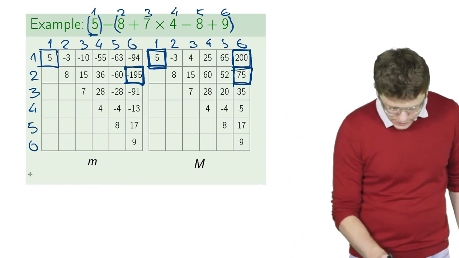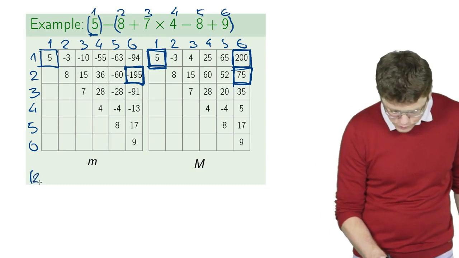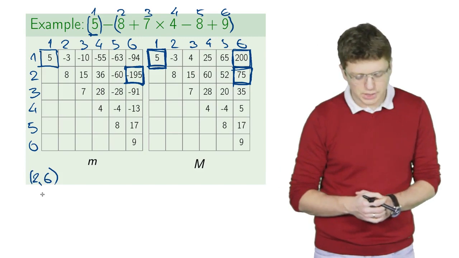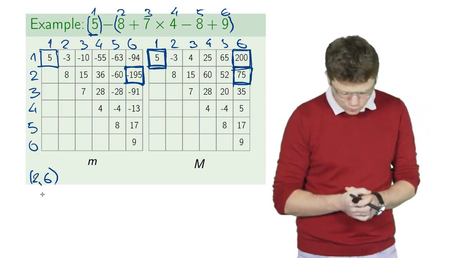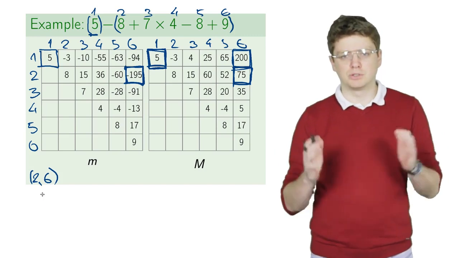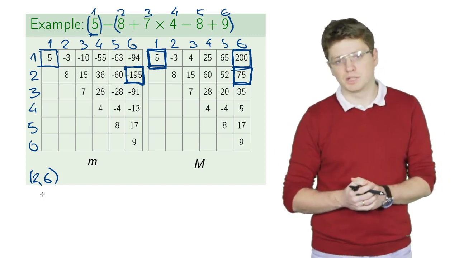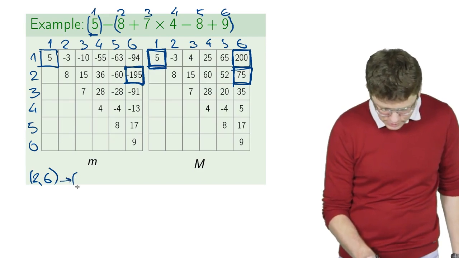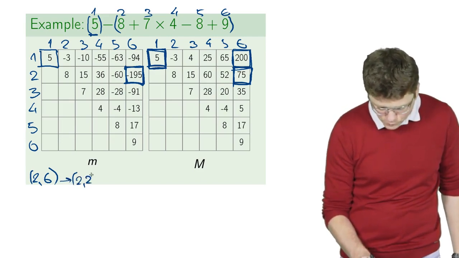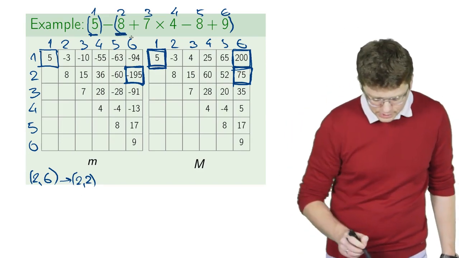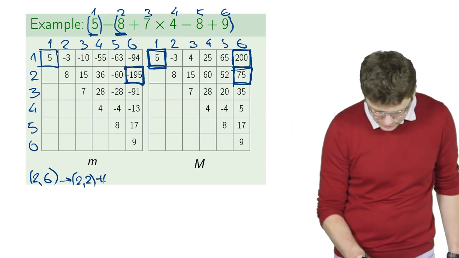Okay, so we need to find how the minimum value of the sub-expression 2,6 was obtained. Well, there are several possible splittings, once again, of the sub-expression 2,6 into two smaller sub-expressions. The first of them is to split 2,6 into 2, which just corresponds to the digit 8, plus 3,6.